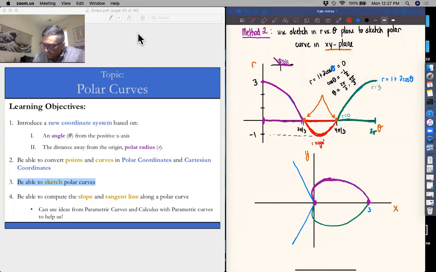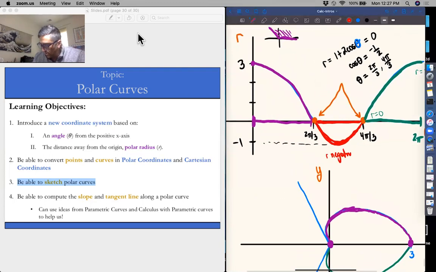So what that means is whatever sketch we get over here, we would actually reflect over the origin. Now that wasn't actually a sketch, that was just to say, whatever we're doing, we're reflecting that over the origin. So let's take a look at what's happening in that particular region.